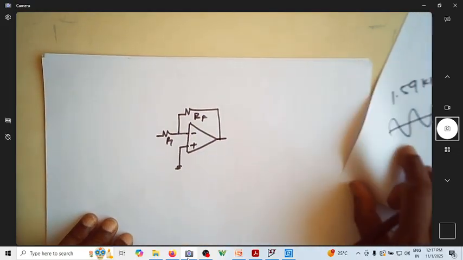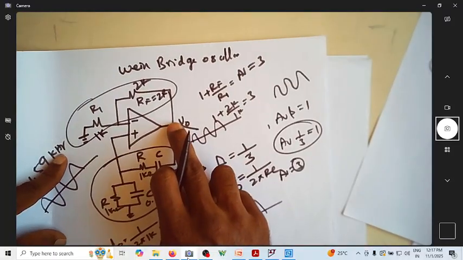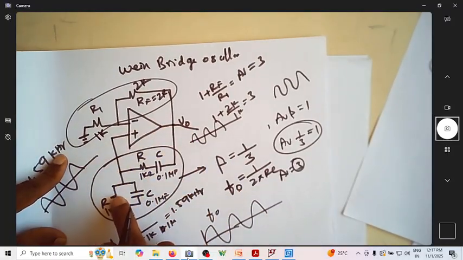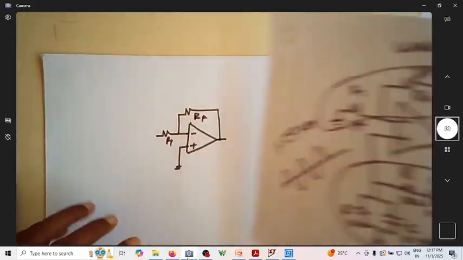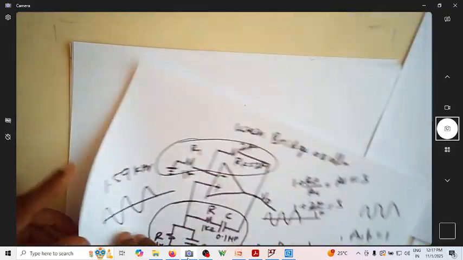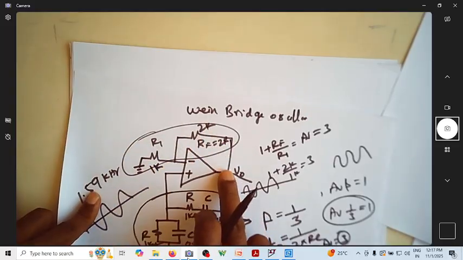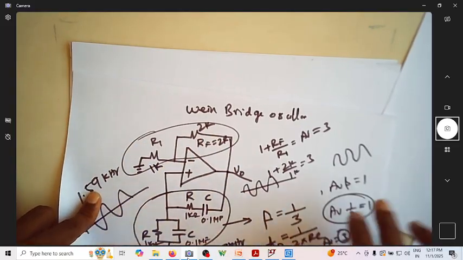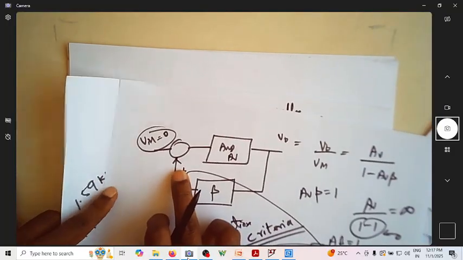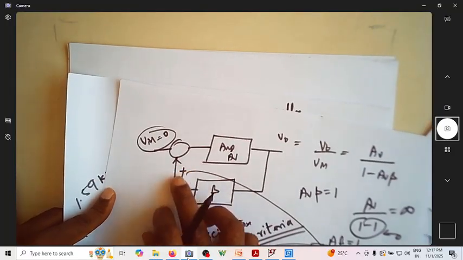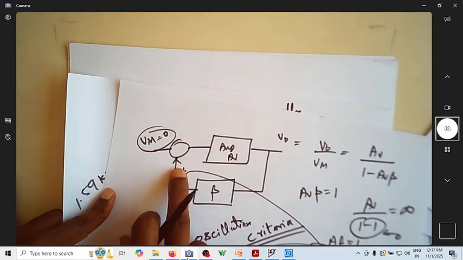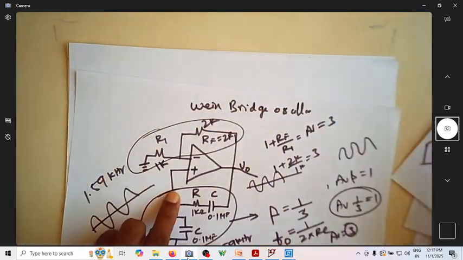Now in the previous case, we actually provided a negative feedback. Now, this is negative feedback, but can you see this is positive feedback? Whatever is required to get the oscillations, you need to have a positive feedback. That's why we provided a positive feedback.